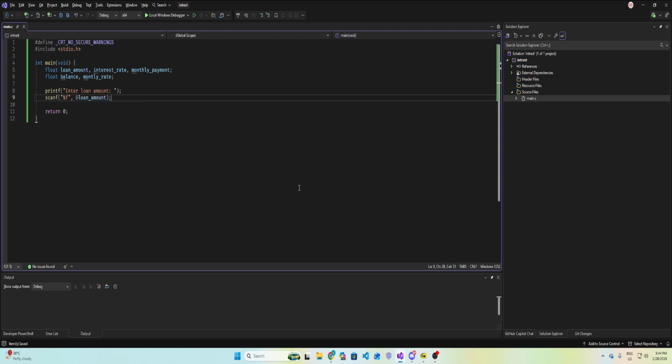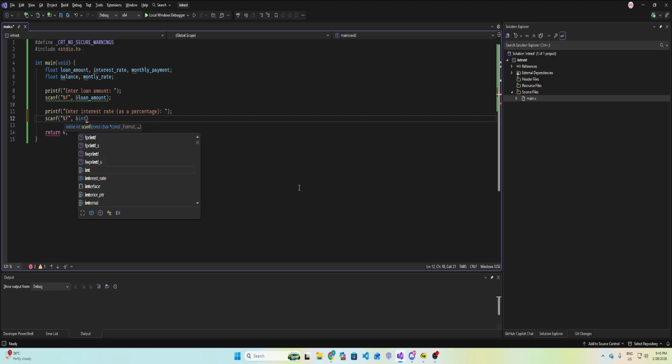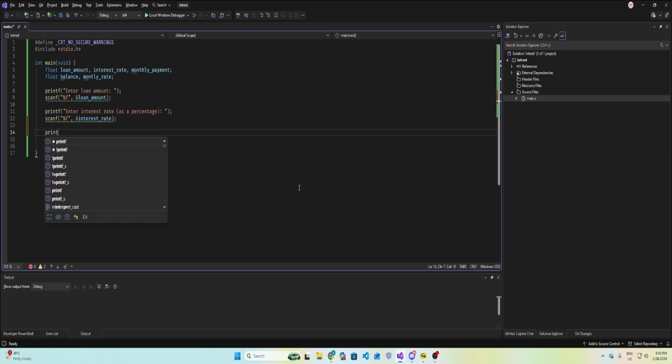Loan amount. Okay. Interest rate. And then we need the monthly payment.